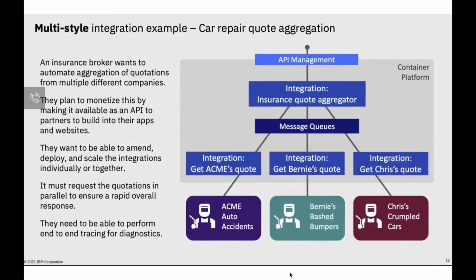So we have an insurance broker that wants to get quotations from 3 different companies. Each of those companies has their own unique way of exposing their quotation system, and so clearly we need some integration capabilities in order to help us get to that data.